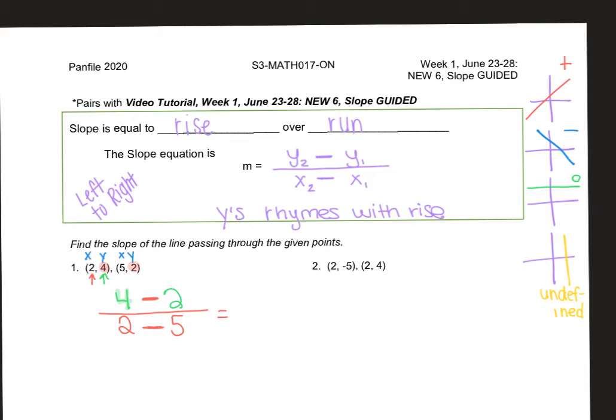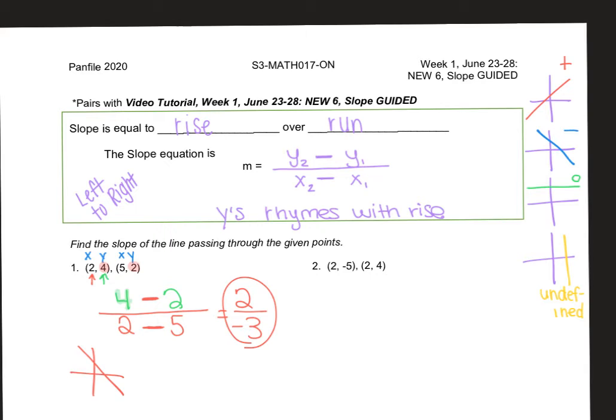I'm going to subtract on top. 4 minus 2 gives me 2. On bottom, 2 minus 5 gives me negative 3. And I'm done. I know that my graph is going to look something like that because I have a negative slope. The negative can go on the top. It can go on the bottom. It cannot go on both.